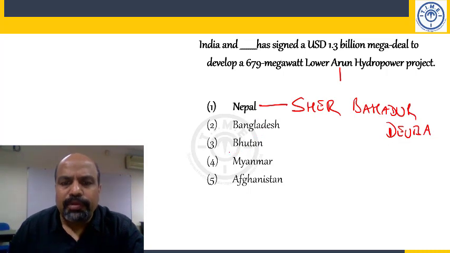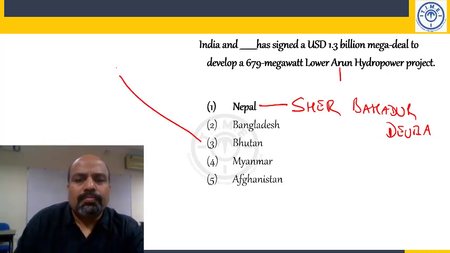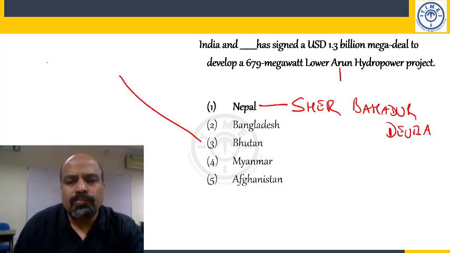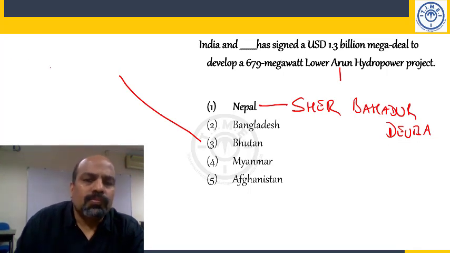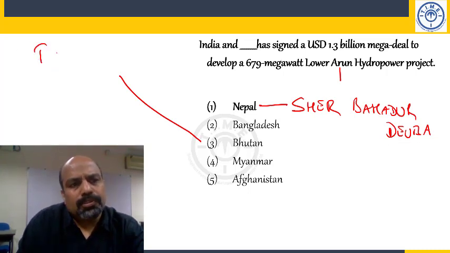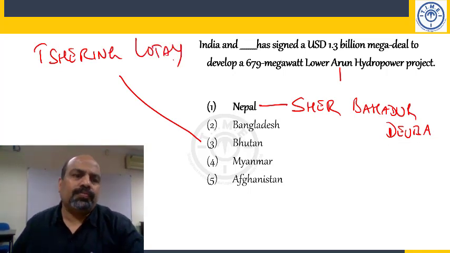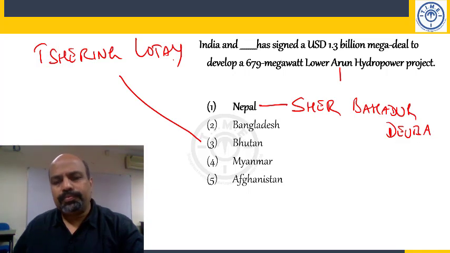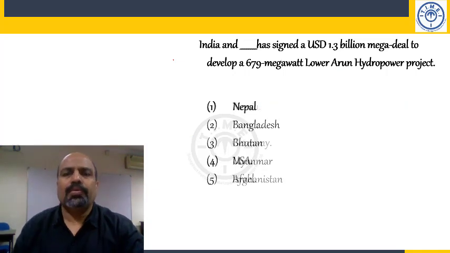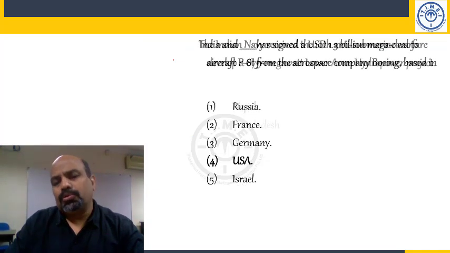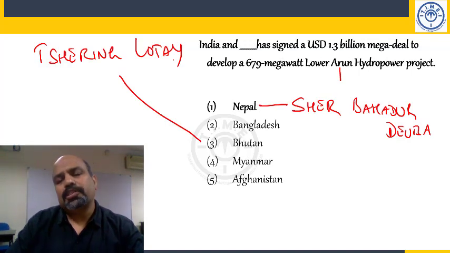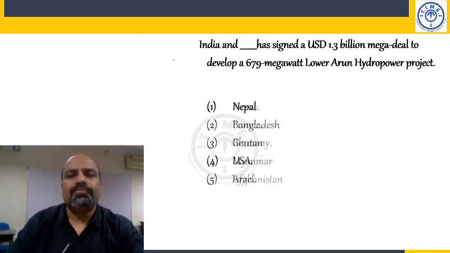Only in the case of Bhutan will I give some information now. Myanmar, Afghanistan we could discuss later. Because 2 classes back and last class also we discussed Myanmar, we'll skip it.